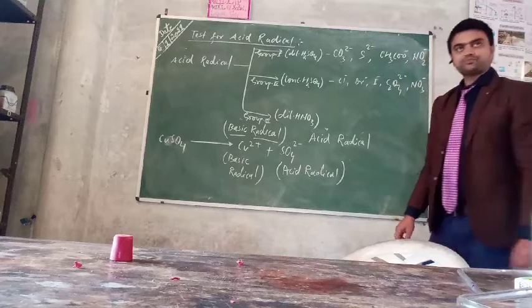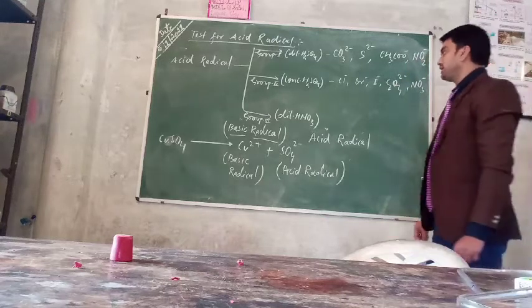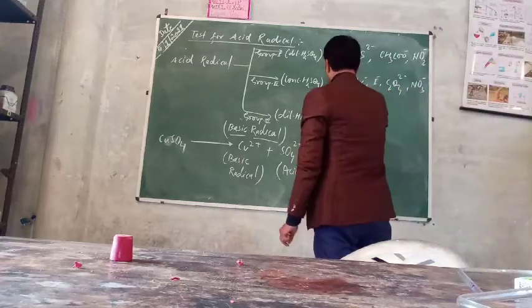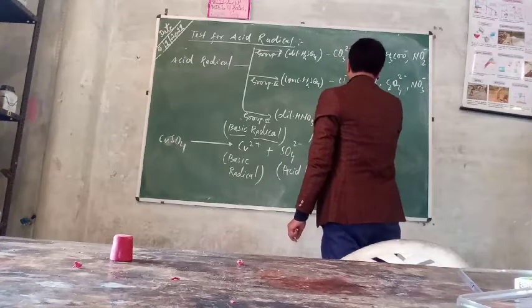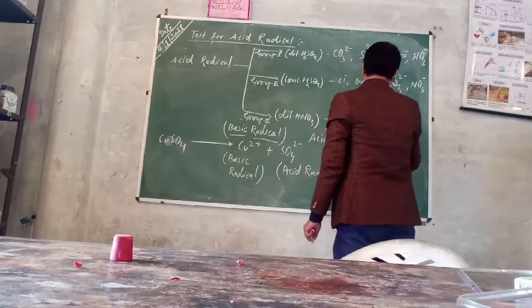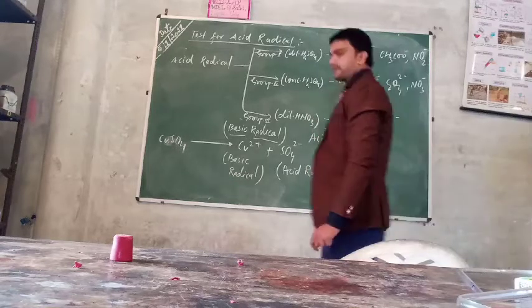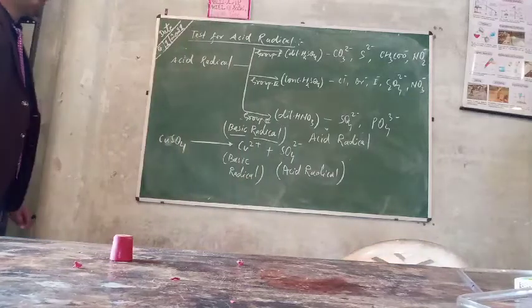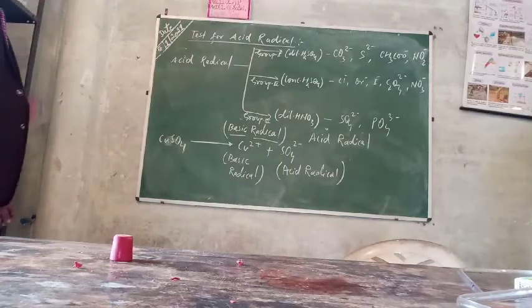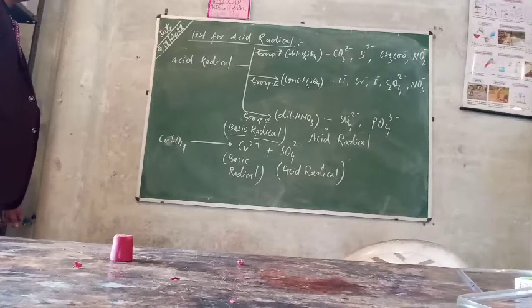And lastly, the sulfate ion and the phosphate ion, these two acid radicals are present in group third. So these are groups first, second and third of the acid radicals.